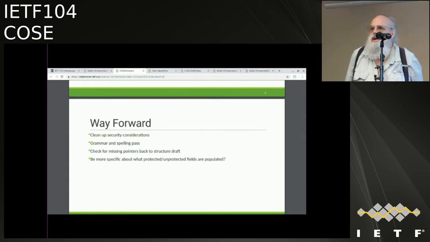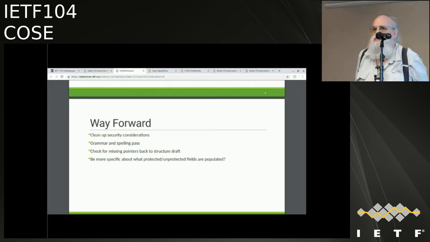So where we're headed, I need to clean up the security considerations. I didn't bother rewriting them, so both the structure and the algorithm draft currently have exactly the same content, and I don't think that's probably correct. I need to do a grammar and spelling pass.